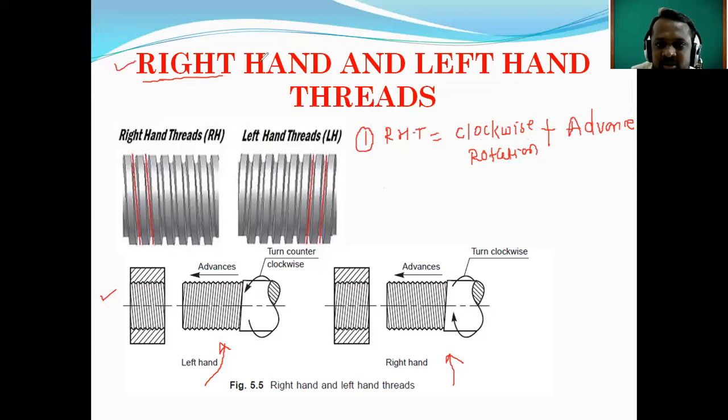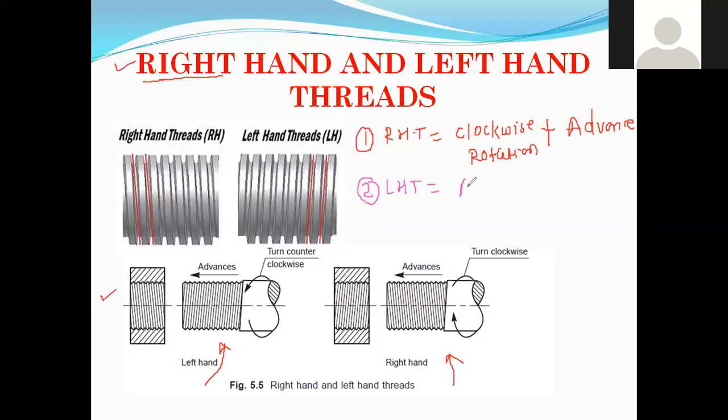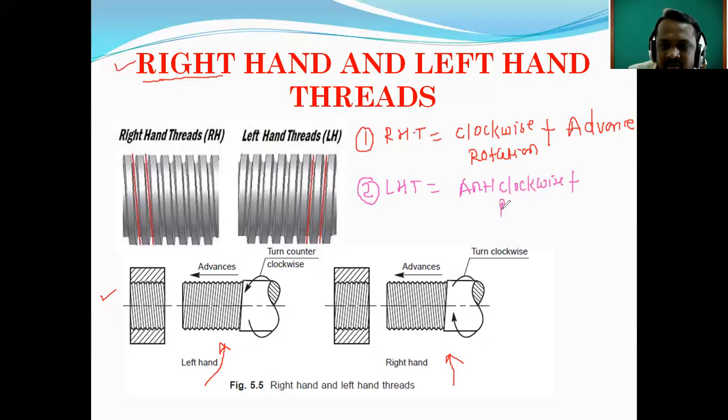And what is the condition for the left hand thread? Just remember this formula: left hand thread is equal to anti-clockwise rotation plus advance. If such a condition is there, then we can call it the left hand.